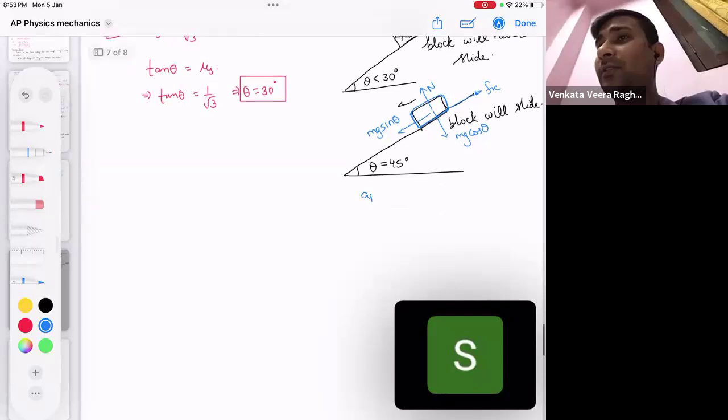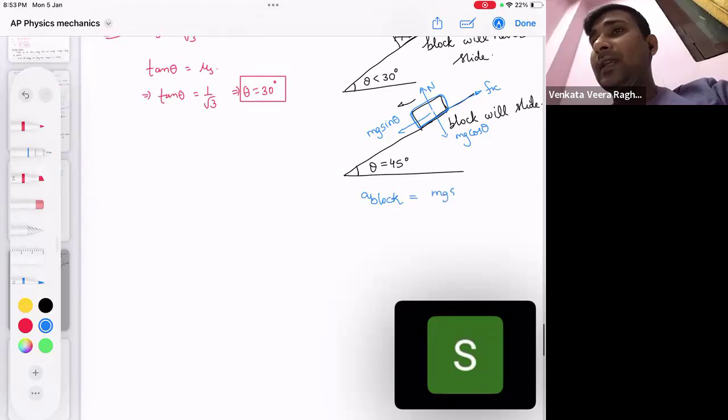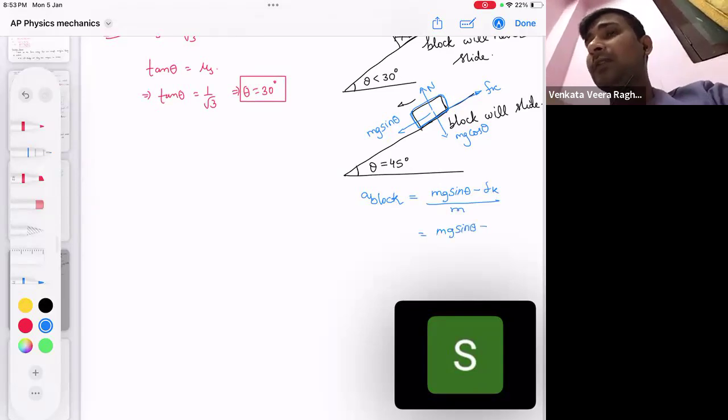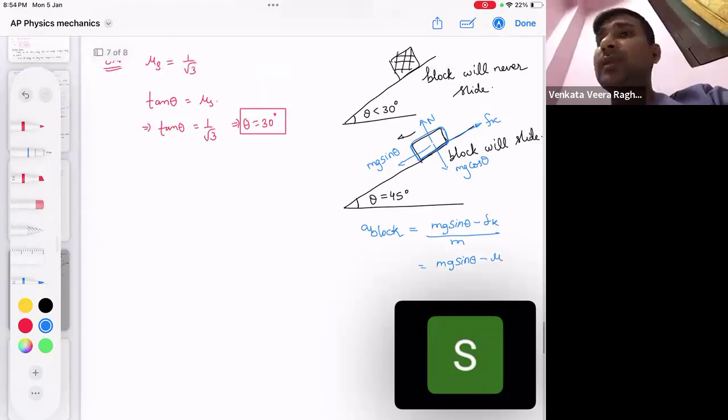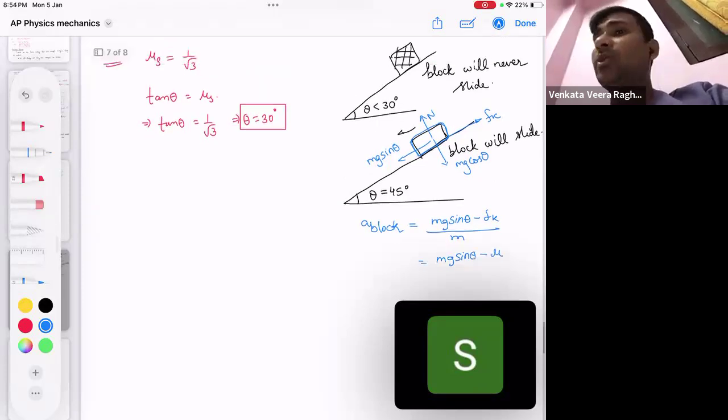So what will be the acceleration of the block in this case? First case, it is not moving. Second case, can I say the acceleration of the block will be mg sin theta minus kinetic friction divided by mass of the block? So mg sin theta minus, what is the kinetic friction? Mu s and mu k both are given same. Okay.